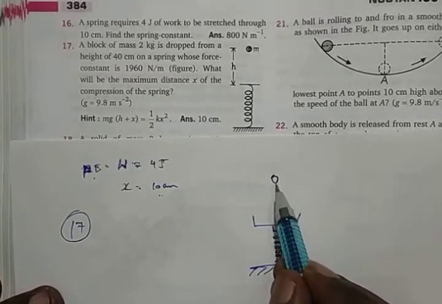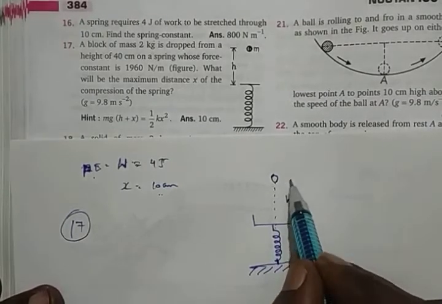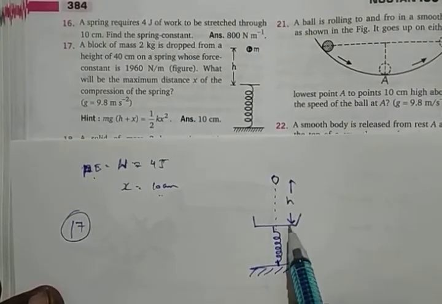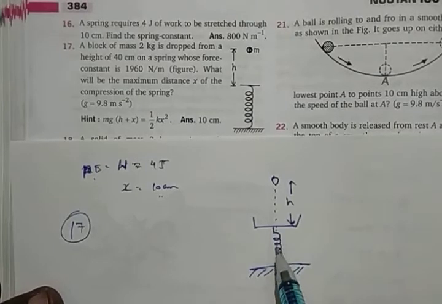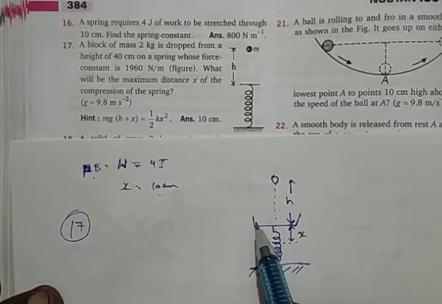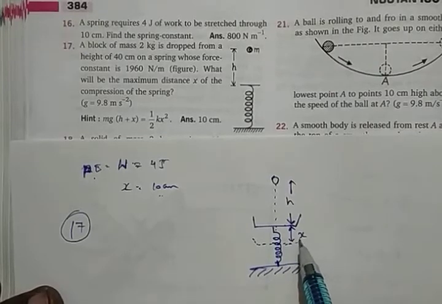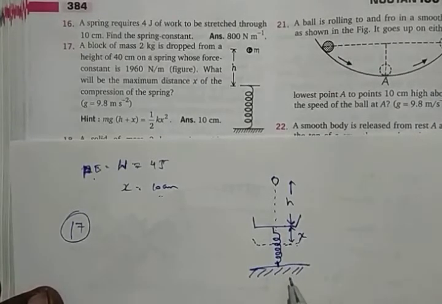So a ball is now dropped down. It's coming and falling here. That is a height h here. As it goes down, this will immediately compress. As it compresses, you will find this compresses for a distance x here. So this pan is going to come down to this position. So this is going to be the new position of the pan, right?